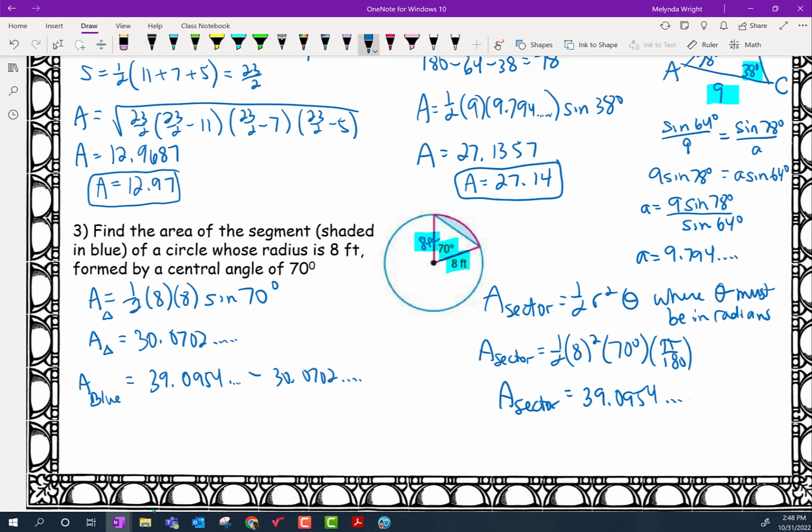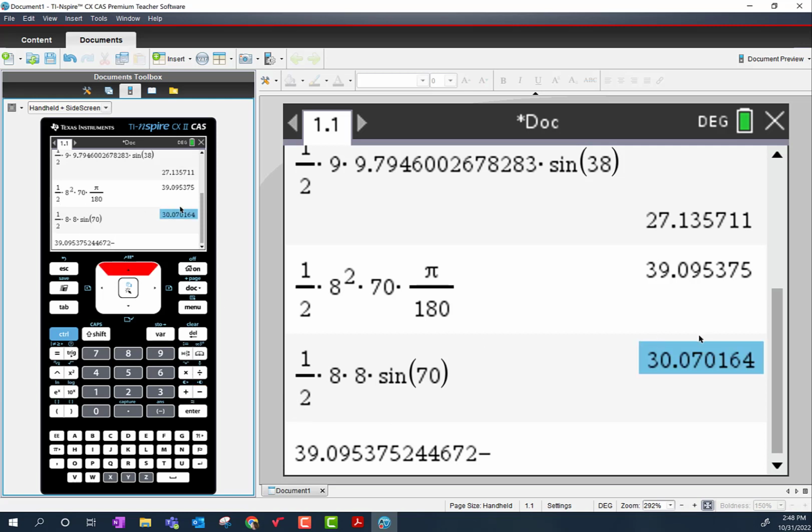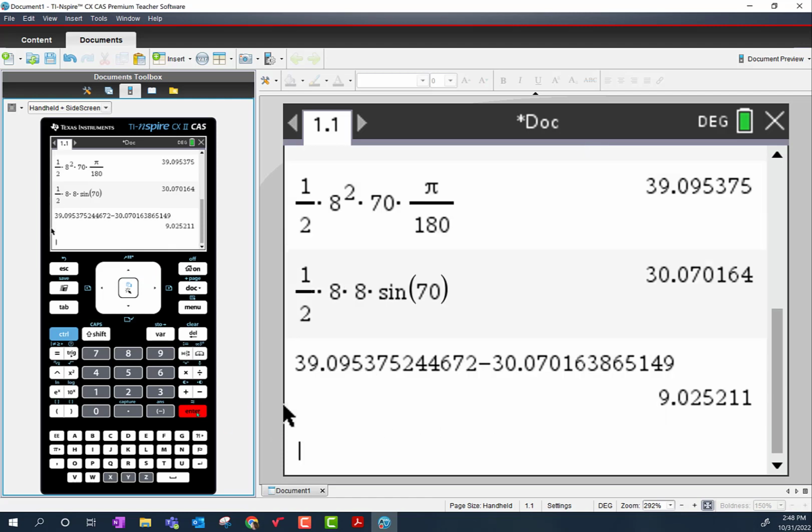Let's go back to our calculator and subtract those. I'm going to use my arrow, go up, highlight that first number and hit Enter. That pulls it down. Minus, use our arrow, highlight that one, hit Enter. We subtract those, and that gives us 9.025. That's the actual area of that blue portion.